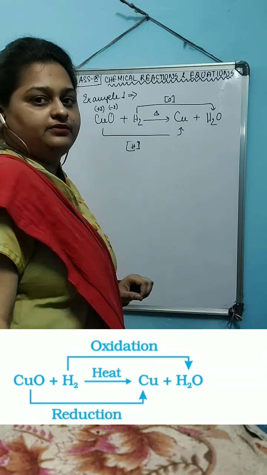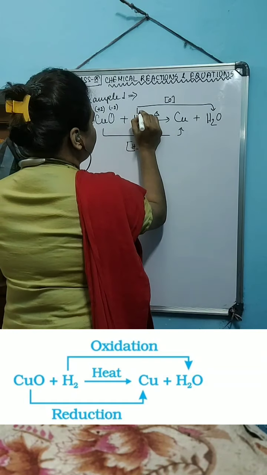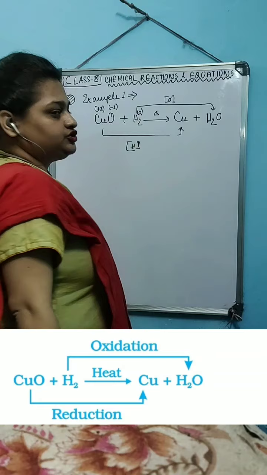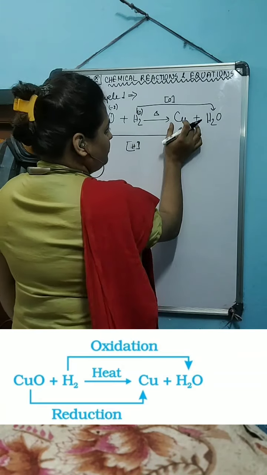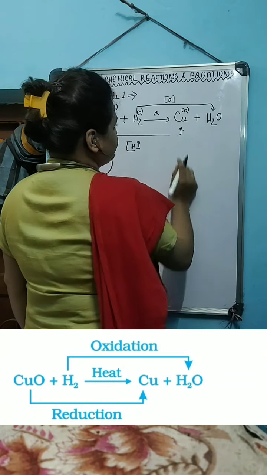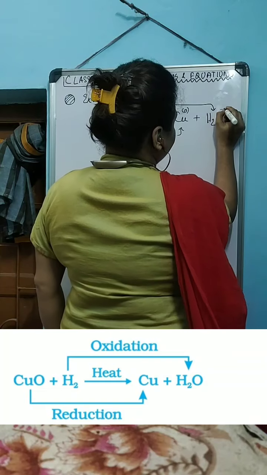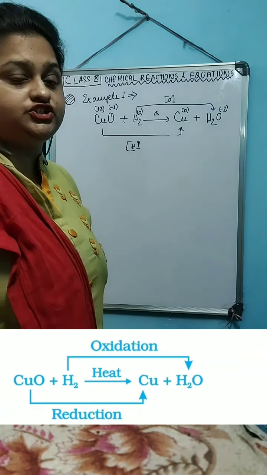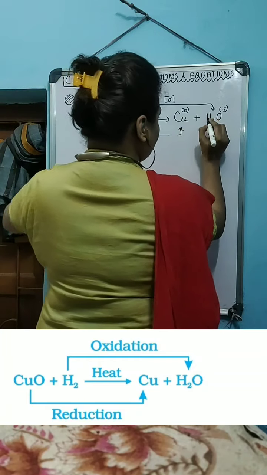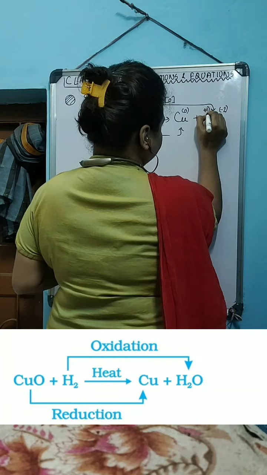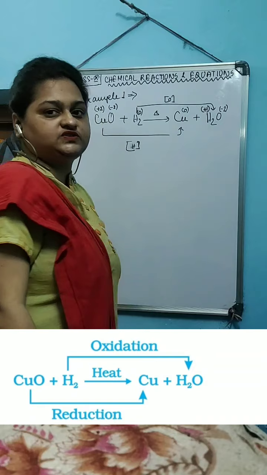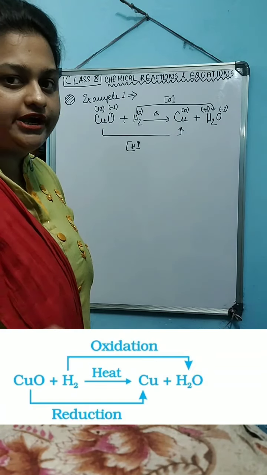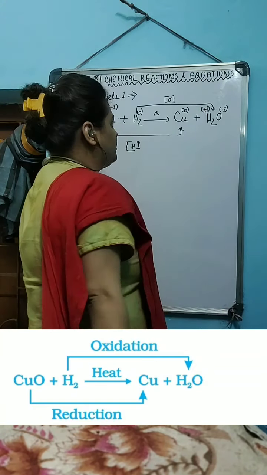This is a neutral element, and we know that a neutral element possesses 0 oxidation number. Copper is neutral, so it also possesses 0. In water, H2O, oxygen possesses -2 oxidation number. The total 2 hydrogens possess +2 to neutralize this H2O molecule, so each hydrogen must possess +1.